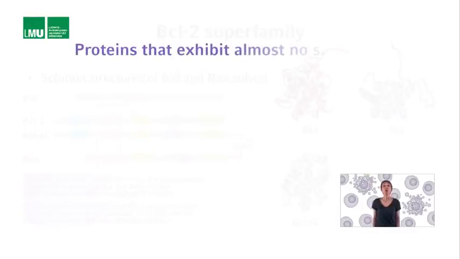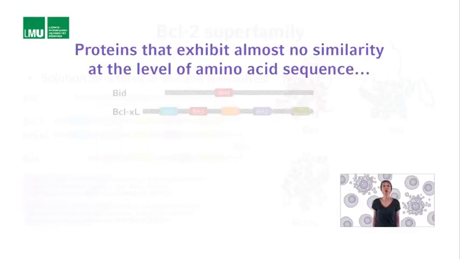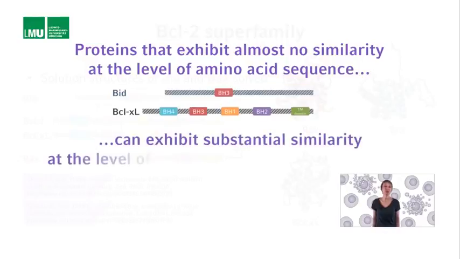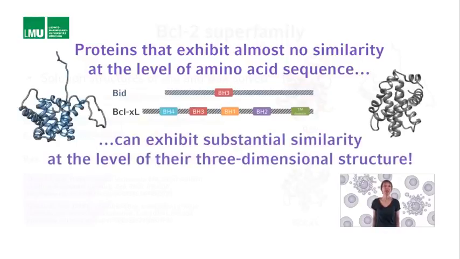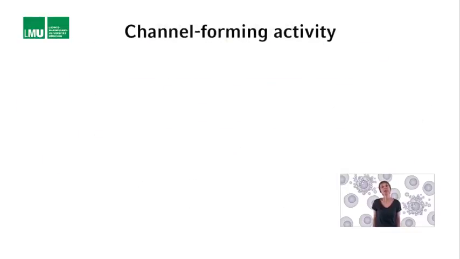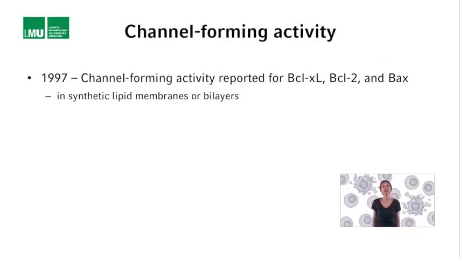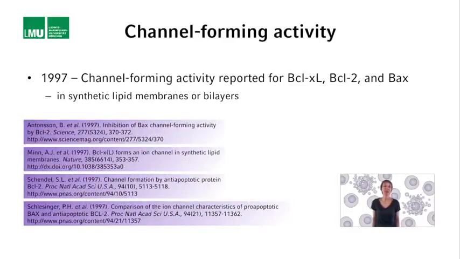Proteins that exhibit almost no sequence similarity at the level of amino acid sequence, such as BCL-XL and BID, exhibit substantial similarity at the level of their three-dimensional structure. In 1997, a year after the BCL-XL structure was published, 4 different groups independently reported that BCL-XL, BCL2, as well as BAX possess channel-forming activity in synthetic lipid membranes or bilayers.